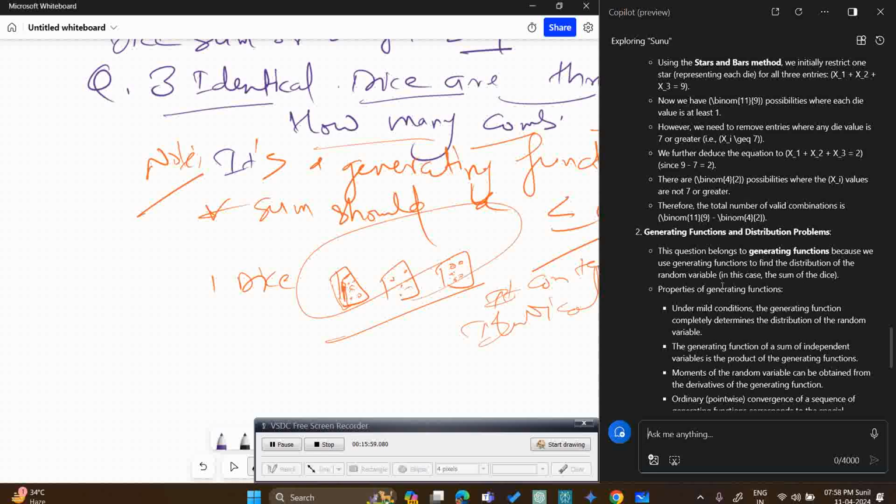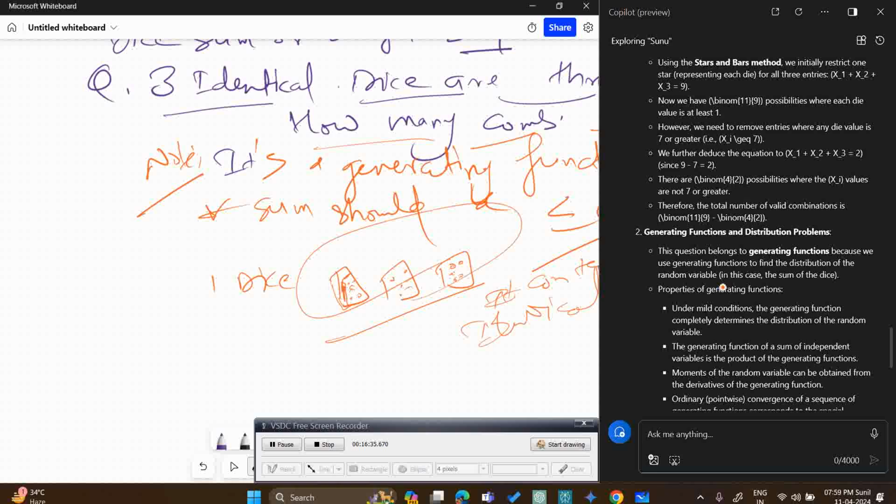Alright, this is a notable thing, I think. So, this question belongs to generating functions, right?